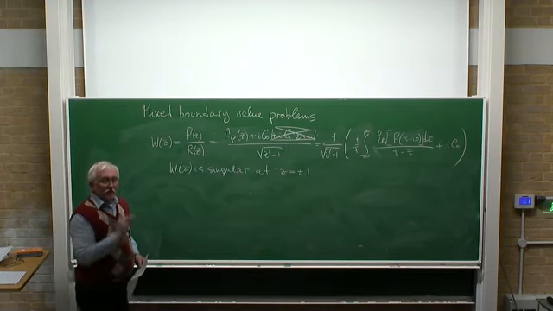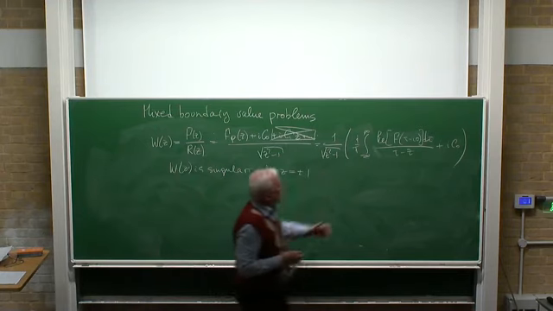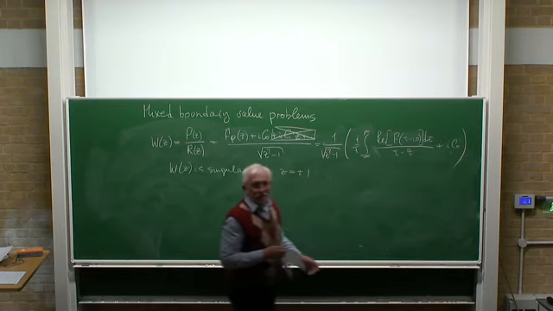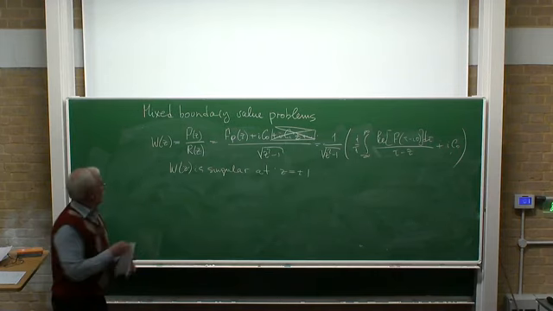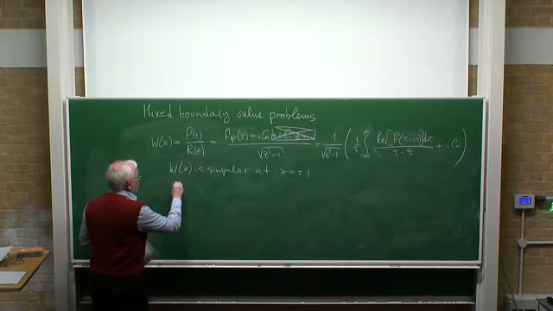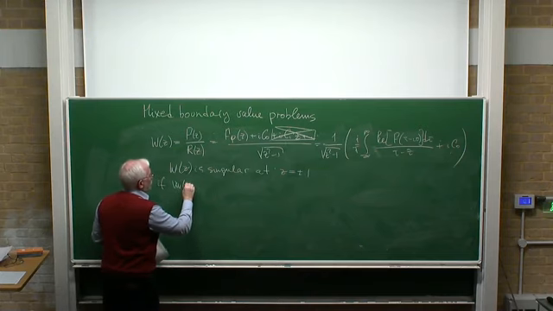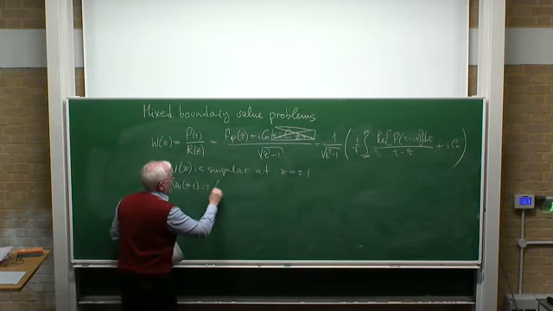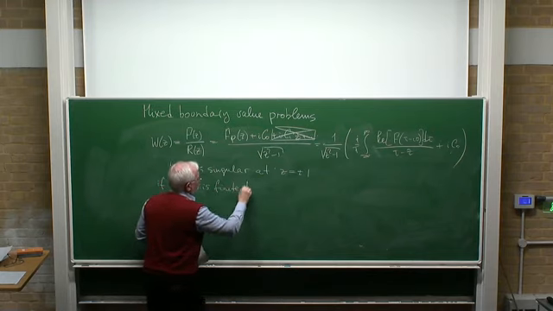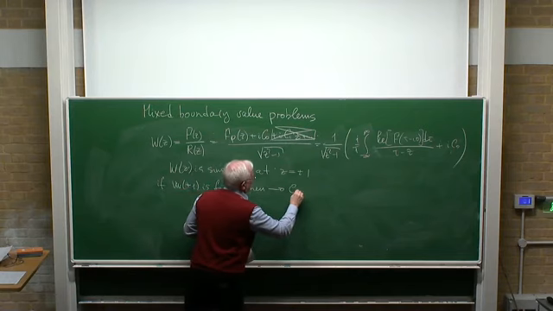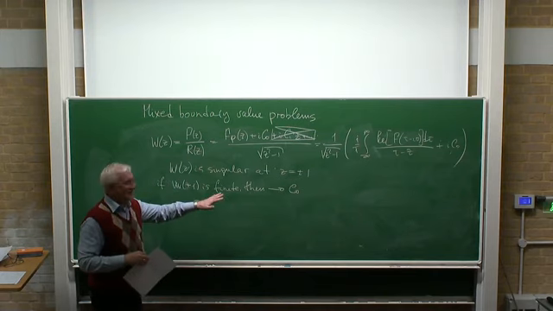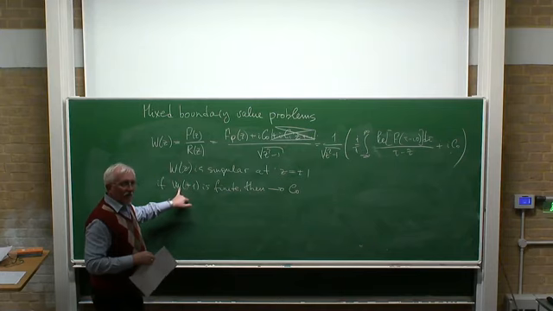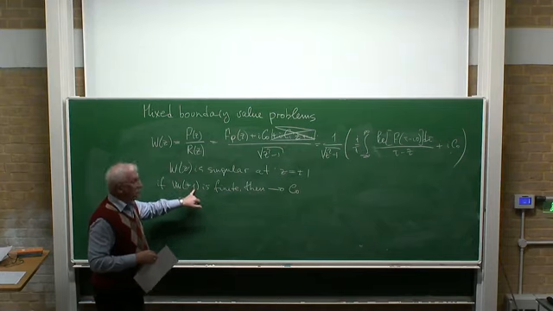But there is that constant C0, and we don't know it. So we can choose: if w of, say, plus 1 is finite, then we can find C0. If we impose an extra condition, our function is finite, but only at one point.